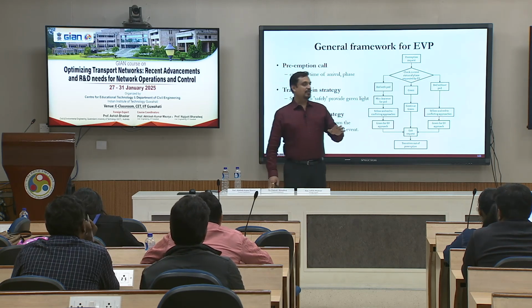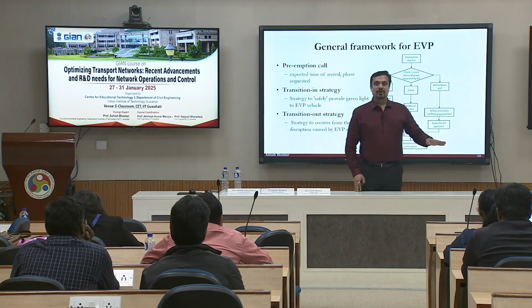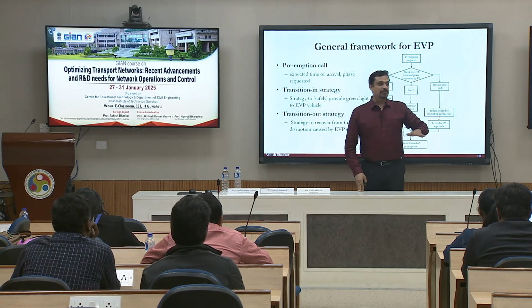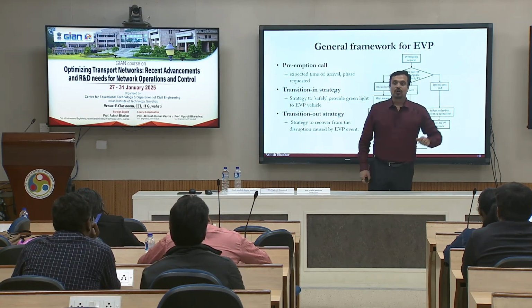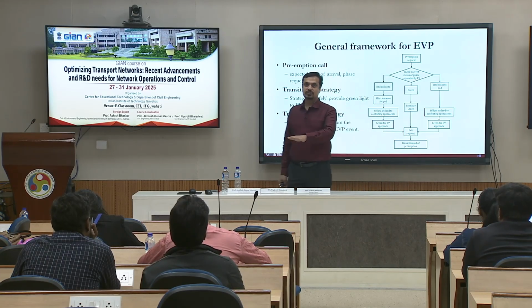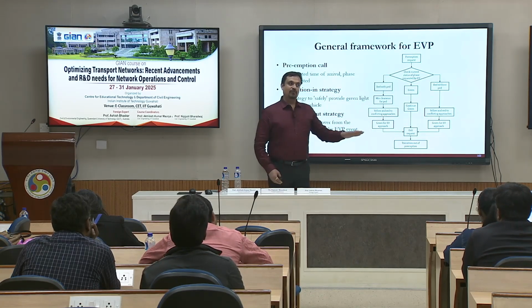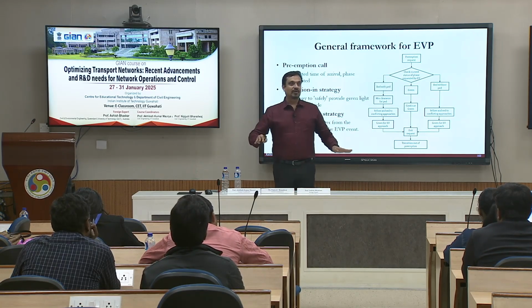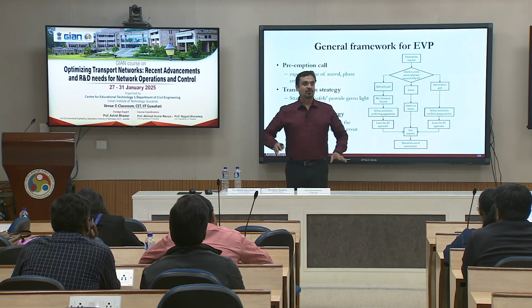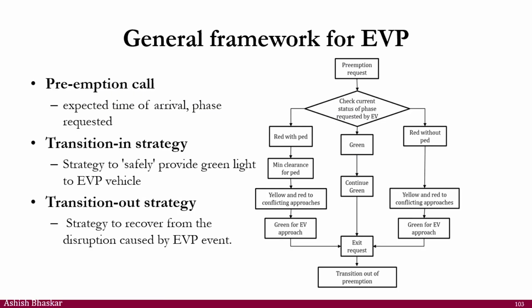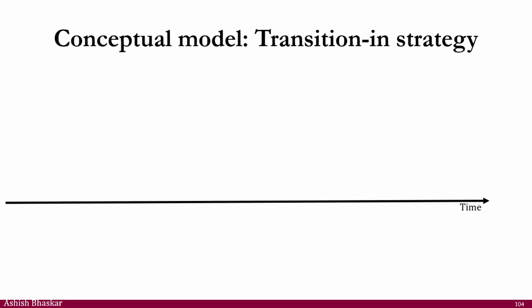Whether it is the STREAMS system managing the arterials managed by the Department of Transport and Main Roads, or it is the SCATS system used in the Brisbane City Council, EVP has been forcefully implemented in them, because when you want emergency, you want to give the priority. So, when I said in the beginning that the different departments do not talk, for high-end things they have to join hands together.